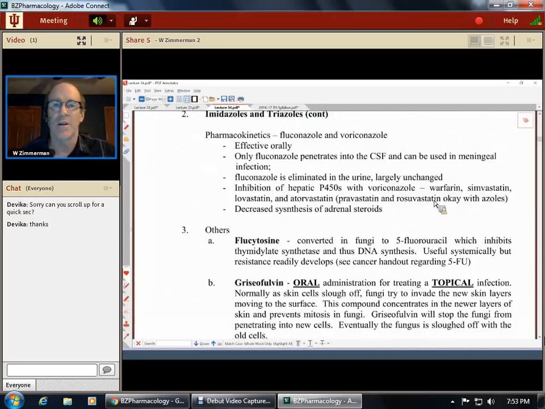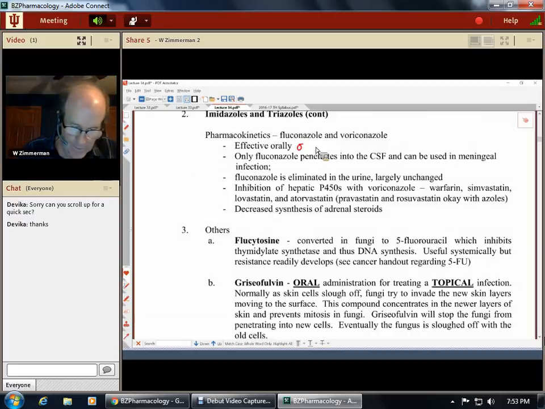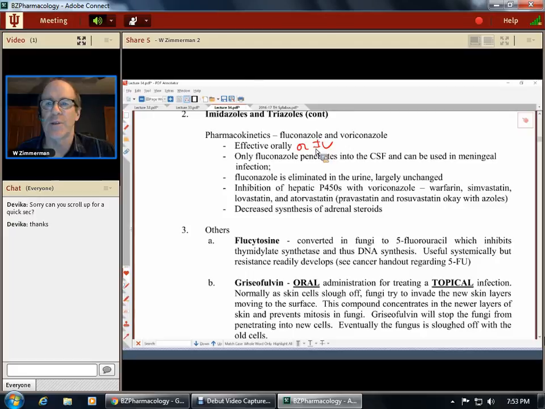Okay, and notes on kinetics of these drugs. They can be oral or IV. Fluconazole is the one that gets into the CSF, cerebrospinal fluid, can be used for a meningeal infection. The voriconazole will cause variation in the P450s, is how I think of it.